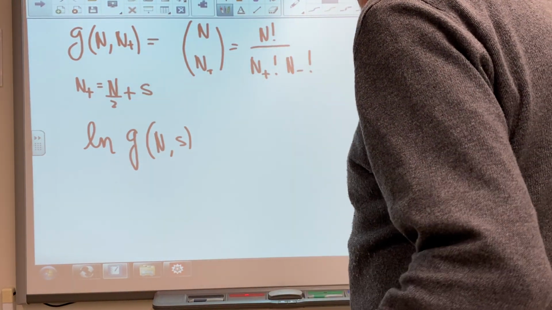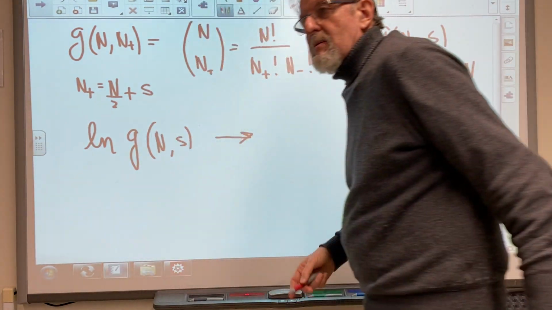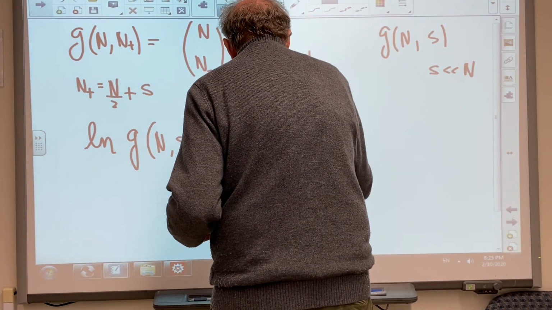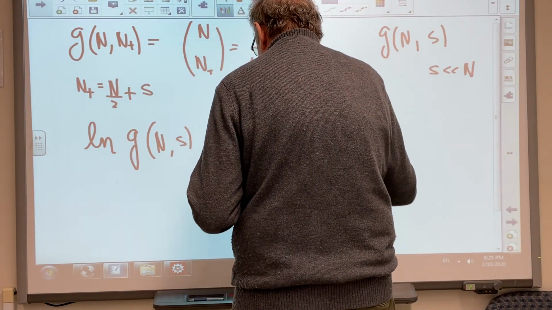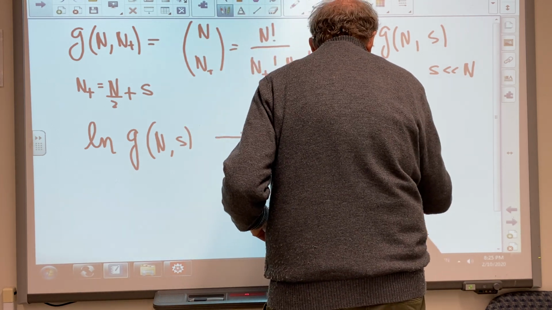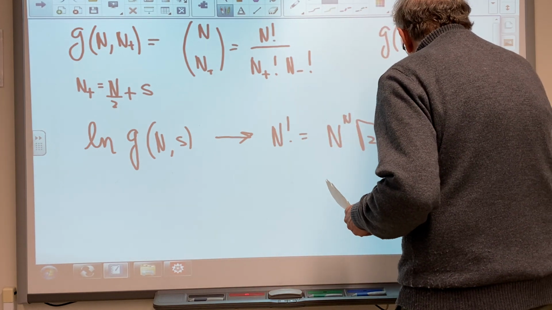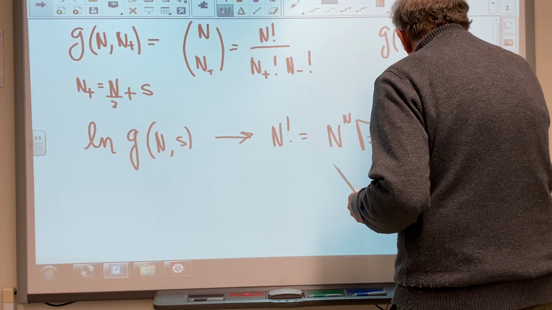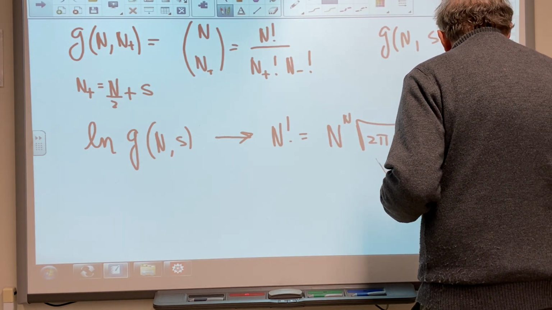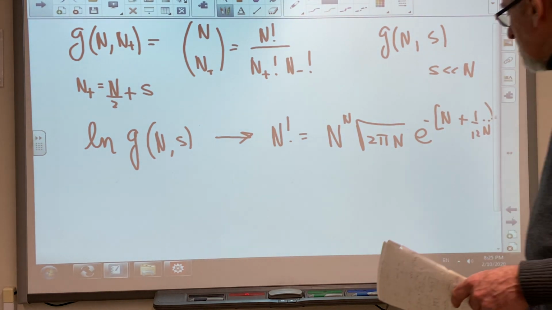So in order to do that, obviously what I will use is the Stirling approximation. That's why we developed it. Remember that n factorial was, I write it quickly for you, n to the n, square root of 2 pi n, e to the minus n, plus corrections, which I will not bother with. I will not use this term.